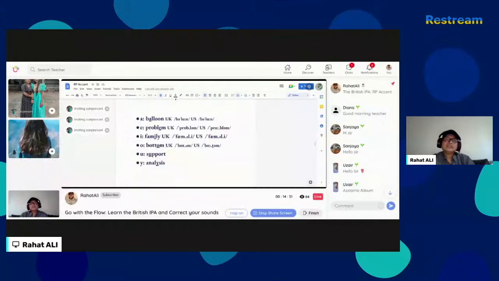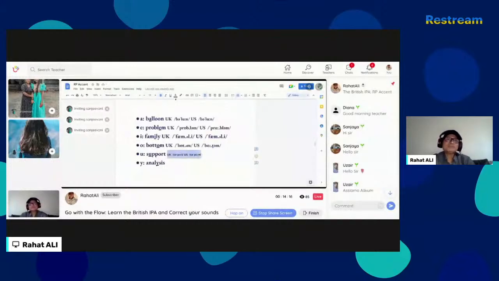And the next, U in the word support, is another short sound. Support, and R is silent. You might be aware that in British English, in most cases, if the R is the second or third or fourth or the last letter, we must not pronounce it.